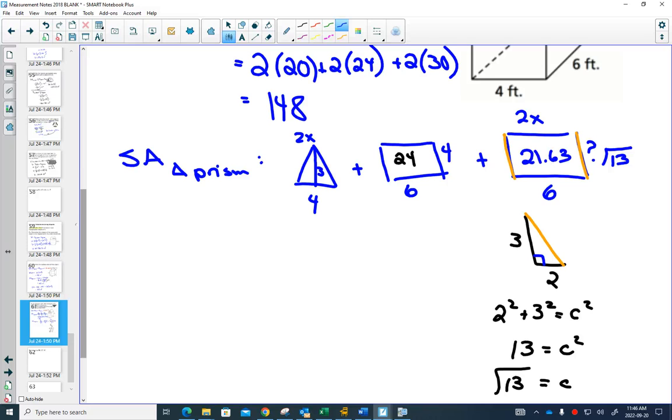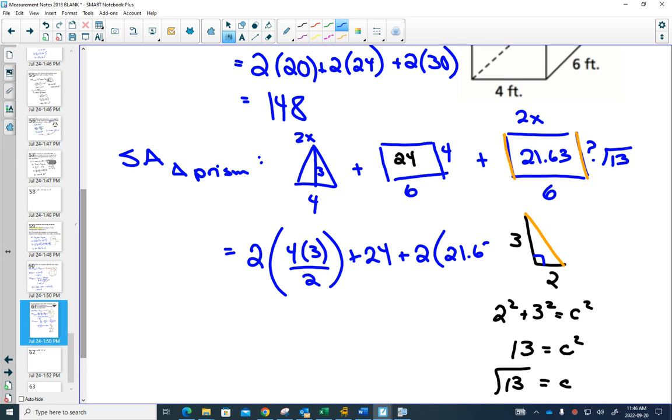So now my surface area of my prism is 2 of these triangles, base times height divided by 2, plus 24 plus 2 of the 21.63. Type that into my calculator.